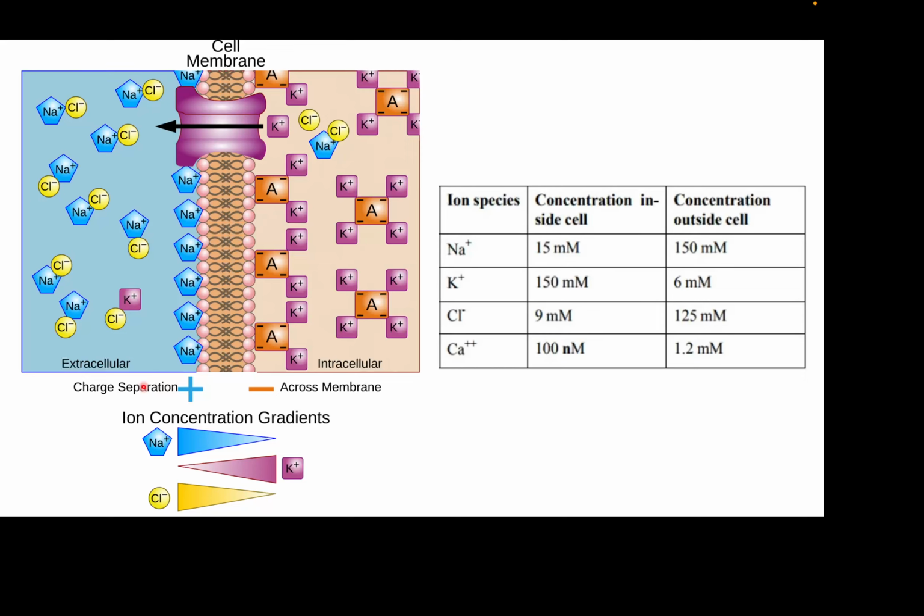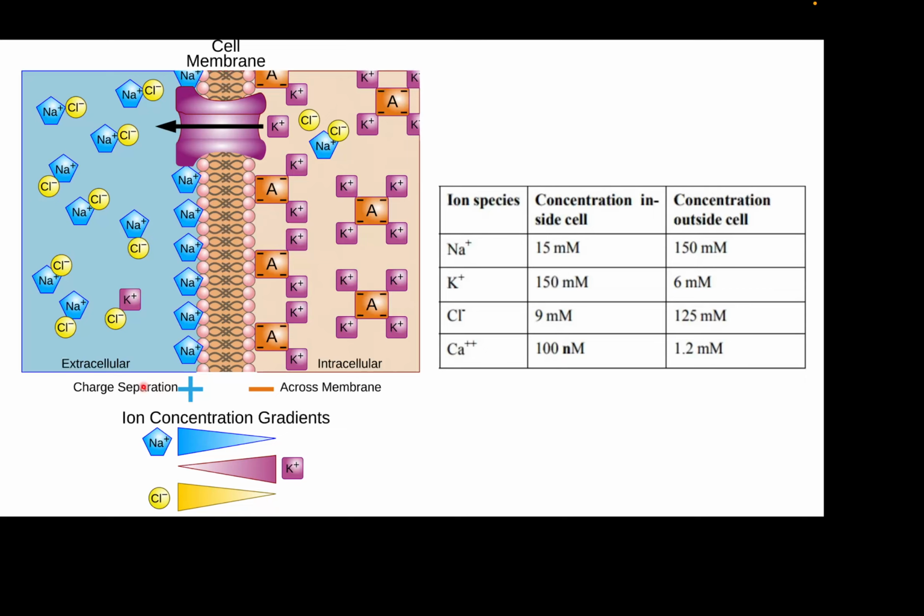So outside there is more concentration of sodium, outside there is more concentration of chloride, while inside we have more concentration of potassium. If we look at the concentrations on each side, sodium is more outside, that is 150 millimolar, and inside it is 15 millimolar.